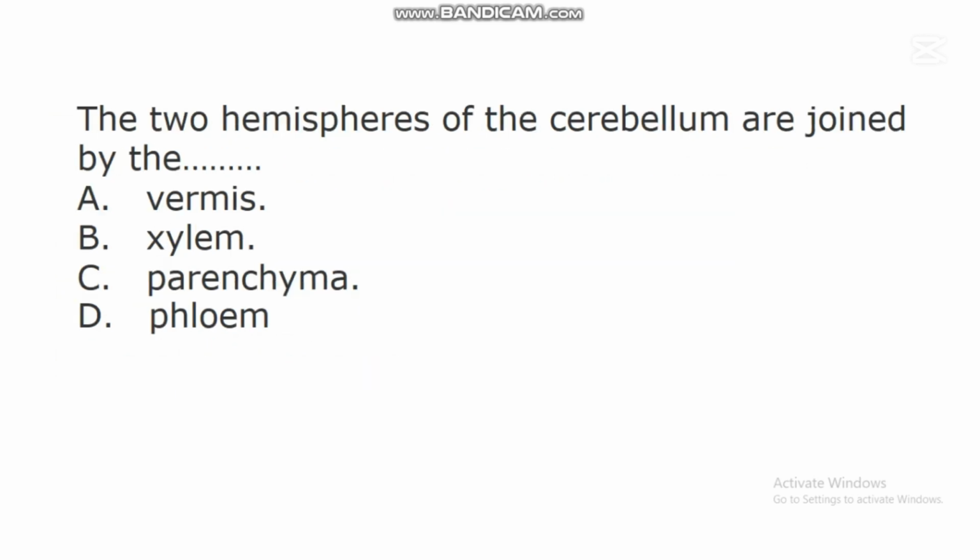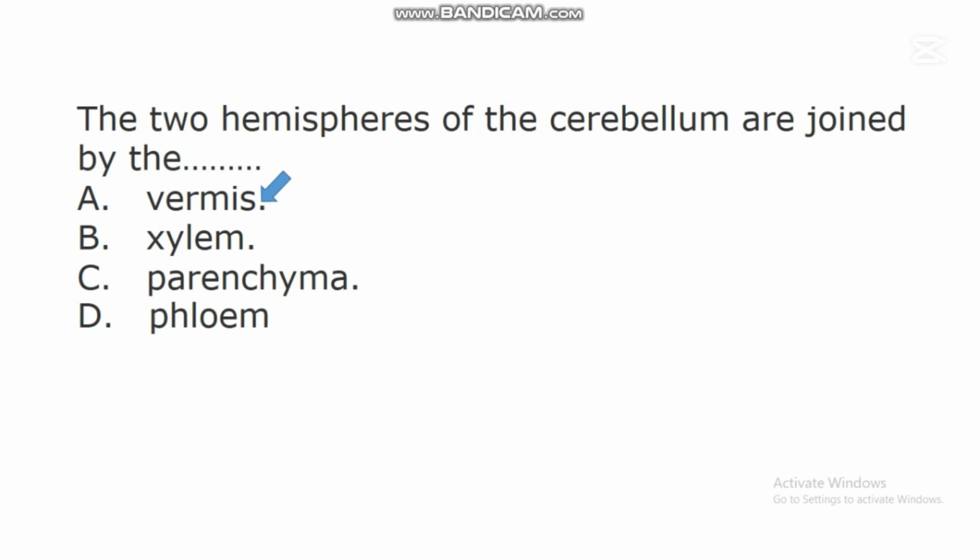The next question says, the two hemispheres of the cerebellum are joined by the dash. A. Vermis. B. Xylem. C. Parenchyma. D. Phloem. In this question, the correct answer is A. Vermis.